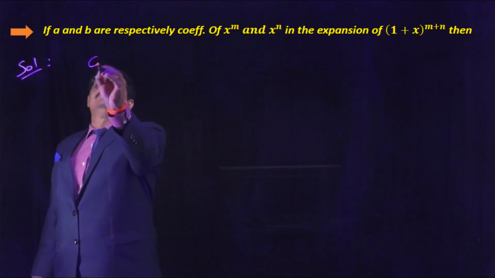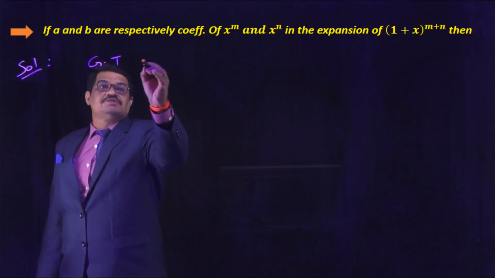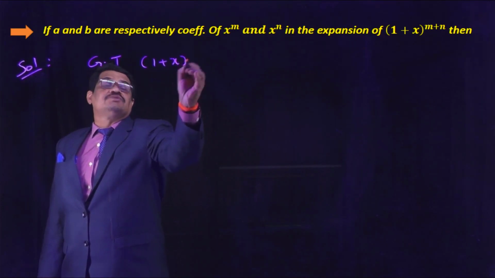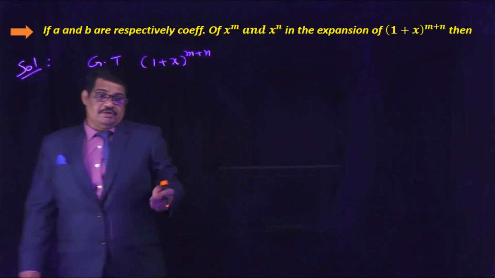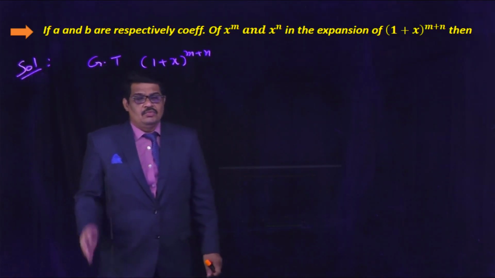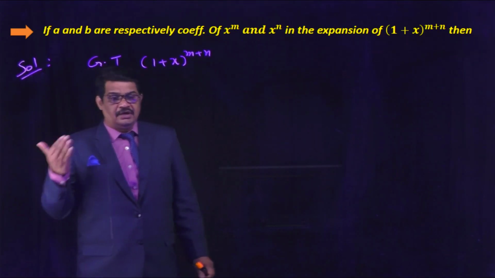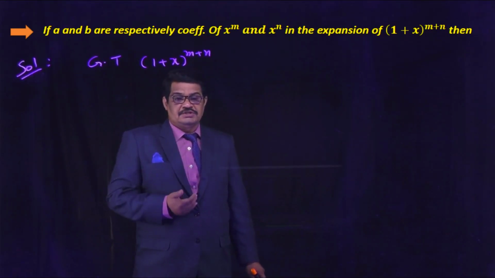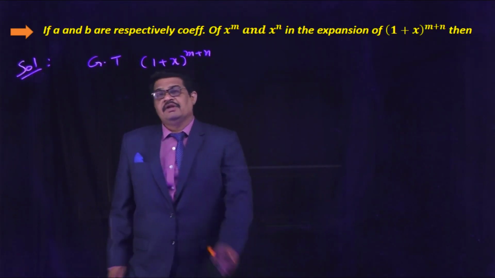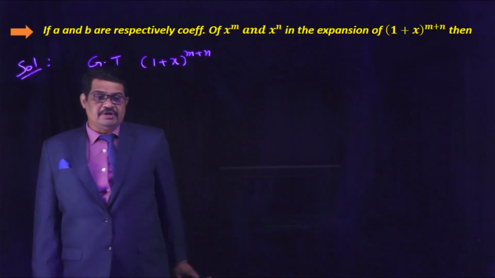It is 1 plus x whole to the power of m plus n. So this is the given expression. Now a and b are the coefficients of x to the power of m and x to the power of n in the given expression 1 plus x whole power m plus n.